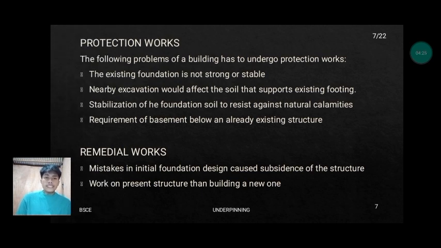Next is the protection works. The following problems of a building require protection works. From the word itself, protection, it is the work of protecting the building. Here are the problems that undergo protection works. The existing foundation is not strong or stable, therefore it needs protection.